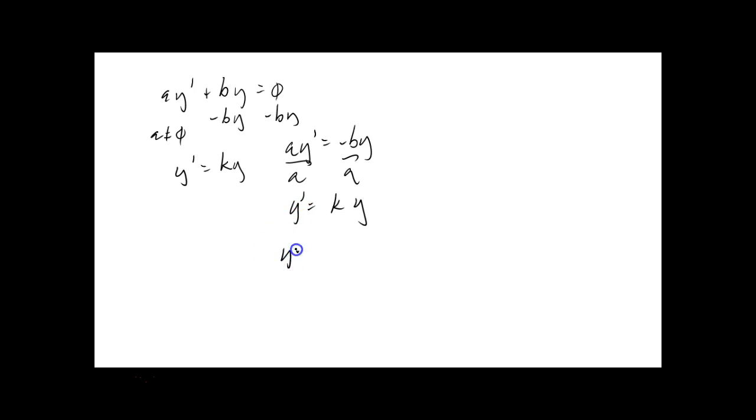Because if y is equal to e to the kx, then y prime is, guess what? Take a derivative of it. k times e to the kx, which of course would be k times y, because y is e to the kx. Okay?